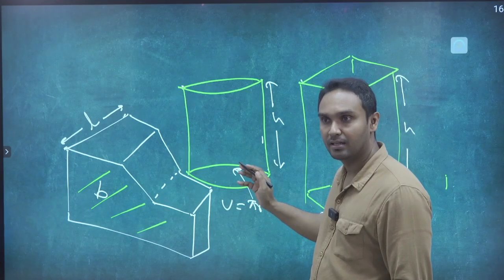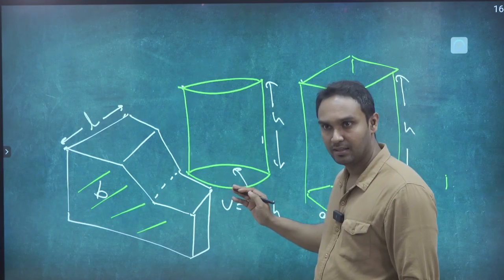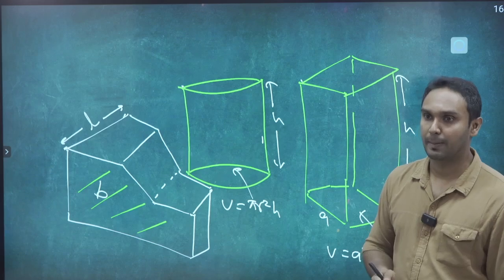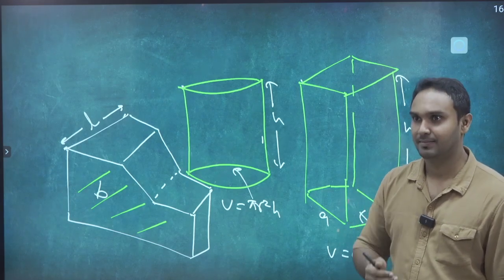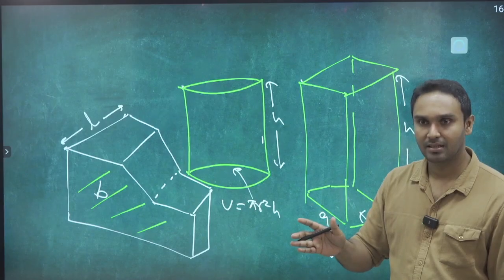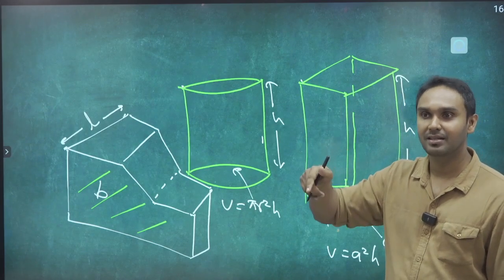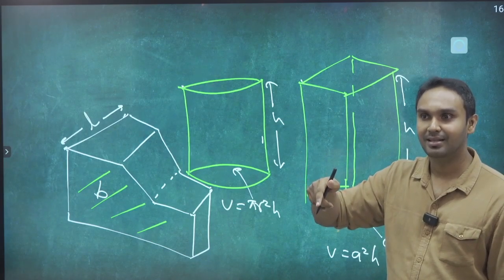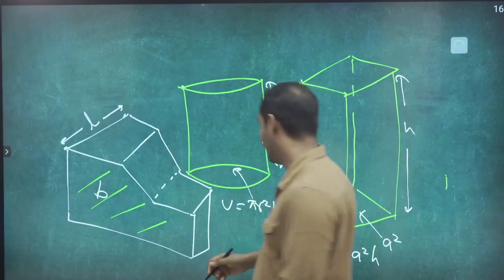If I take a cone, it's not symmetrical, right? What is the symmetrical object of the cone? Cylinder. And most of the non-symmetrical objects are 1/3 of the symmetrical object.